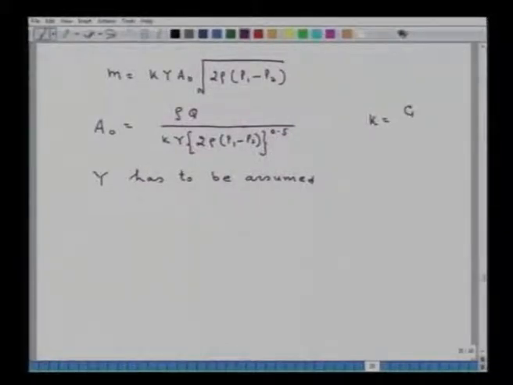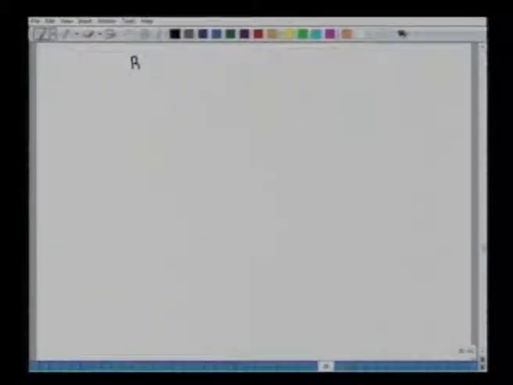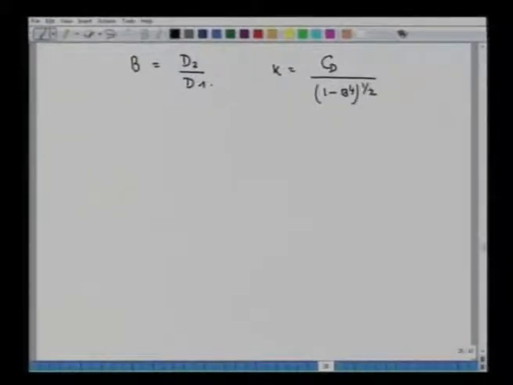So we have to calculate the value of B, that is equal to D2 upon D1. Hence K will be equal to CD upon the square root of 1 minus B to the power 4. B we can't calculate since D2 is not known to us.